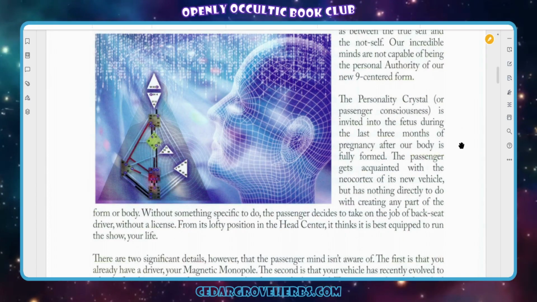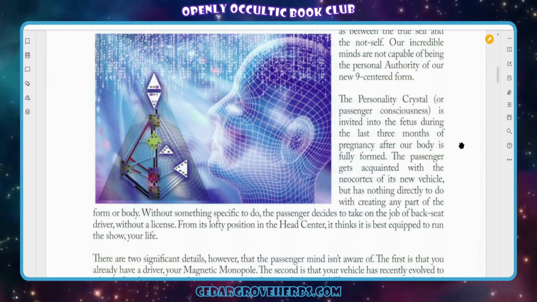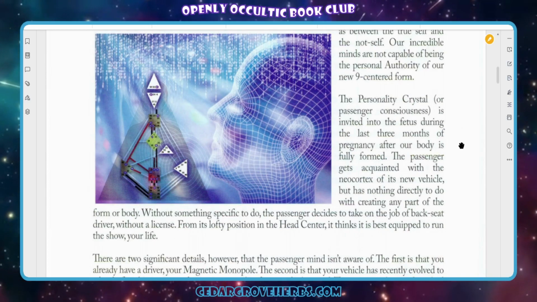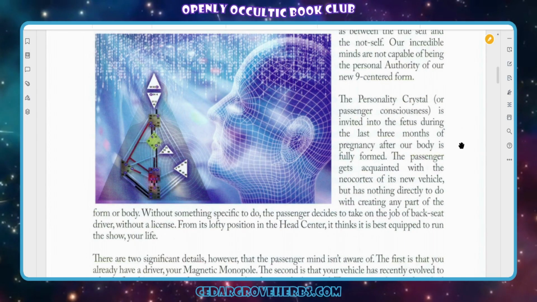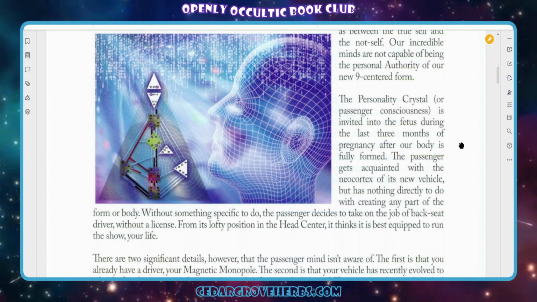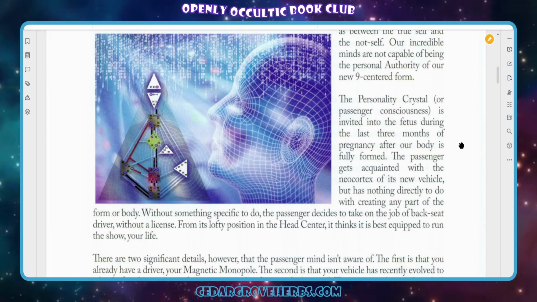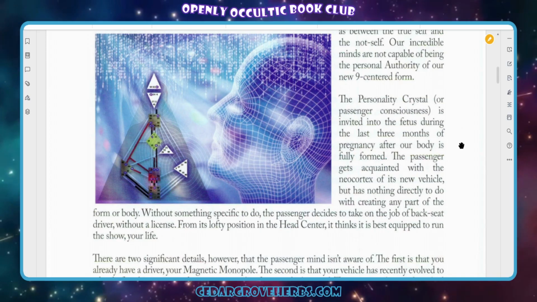Almost 3 months before that. So if you're born at 9.5 months, your personality crystal came 6 months in after you were conceived, and almost 3 months before that would be about what, 3 months? That's what I'm saying. Something's off here.